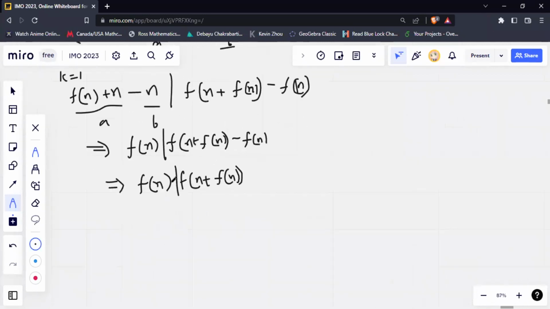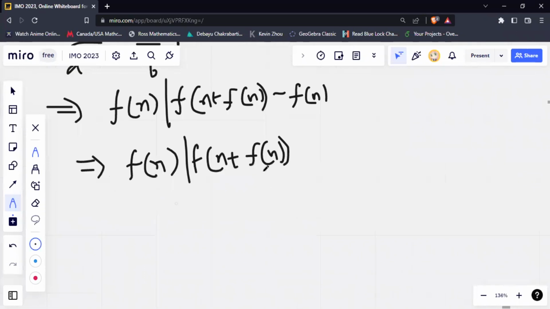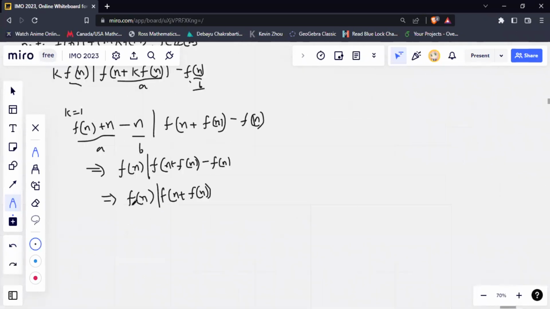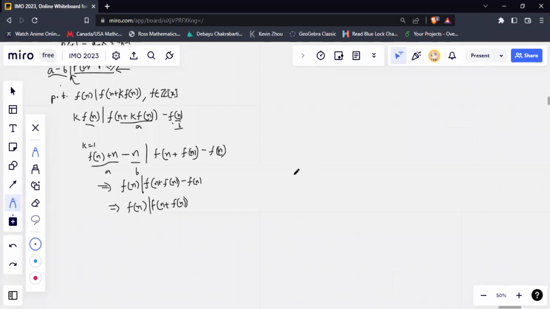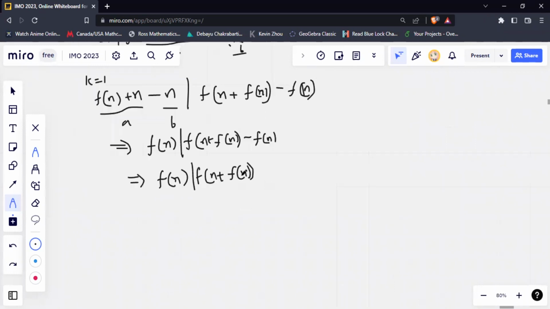And you can just extend this argument for general k, like Arav said. Is this fine? Does anyone have any doubts? Please speak up.